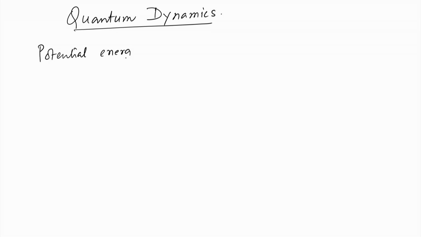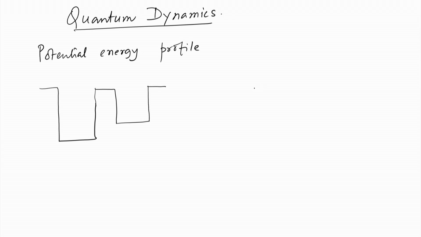So, the potential energy profile, either one can talk about a rectangular barrier potential, or one can talk about a parabolic potential, where we are talking about two energy levels E A and E B. So, this corresponds to A and this corresponds to B.